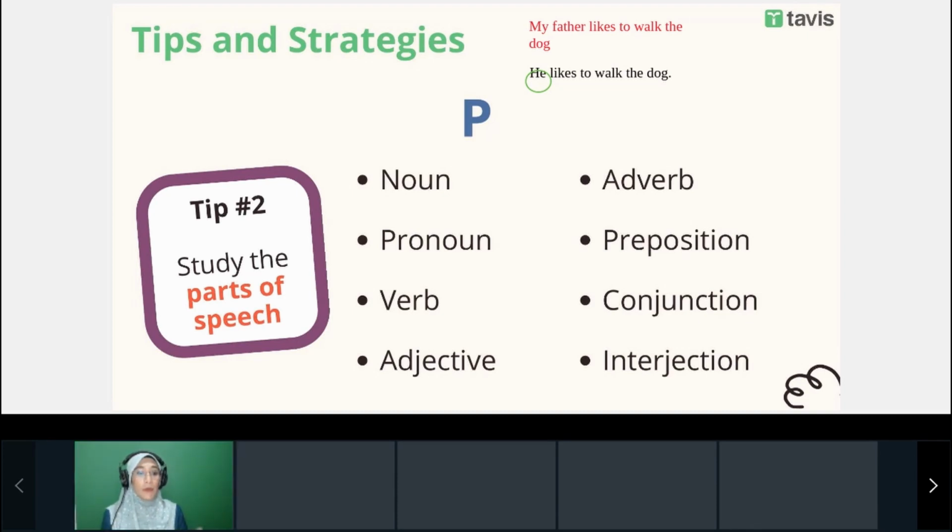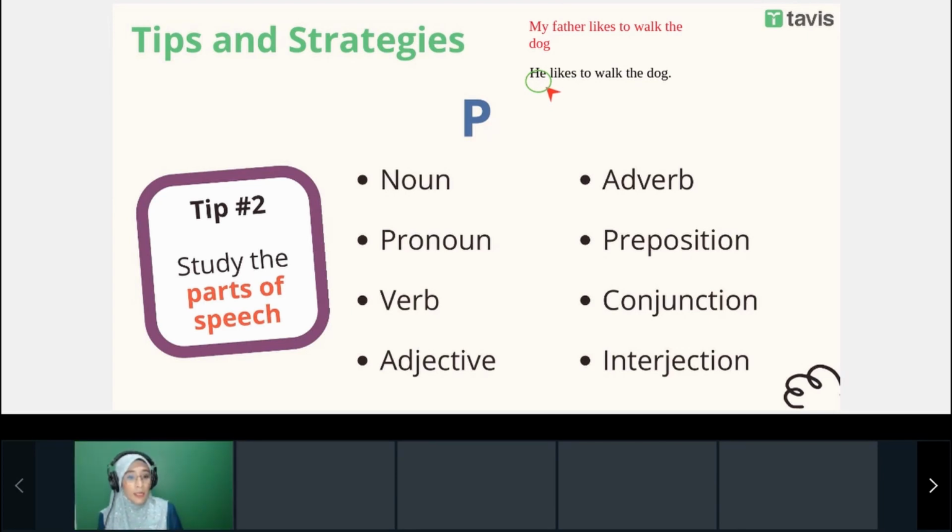Now, in the next sentence, if let's say you are going to form another sentence with this first one, my father likes to walk the dog, then you can introduce him by using a pronoun. Now, what is a pronoun? This one, the circle here.